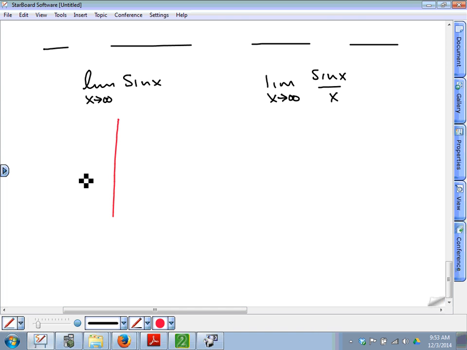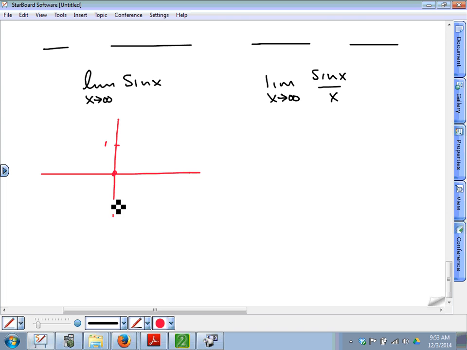Just draw these real quick so we can be done with this. You guys remember what the graph of sine x looks like? Starts in the middle and it goes up to 1 and then down to -1.